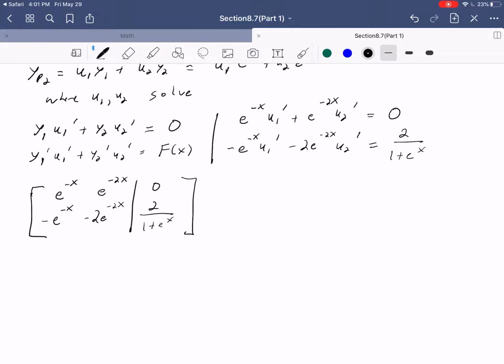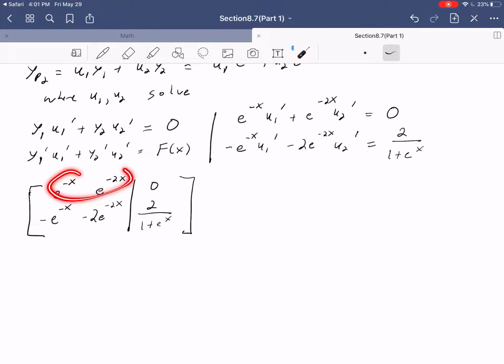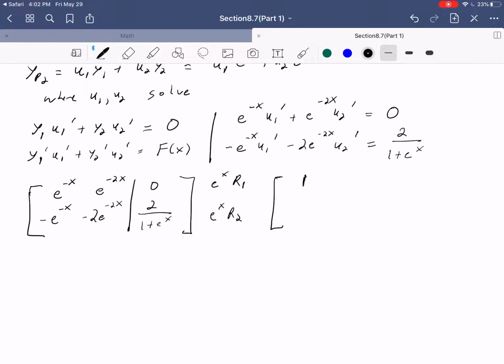Some different things we could do here, but let's multiply each equation by e^x, just to make things a little bit easier. So, e^x R1 and e^x R2. That's going to give us 1, e^(-x), and 0, and then -1 down here, -2e^(-x), and 2e^x/(1 + e^x).